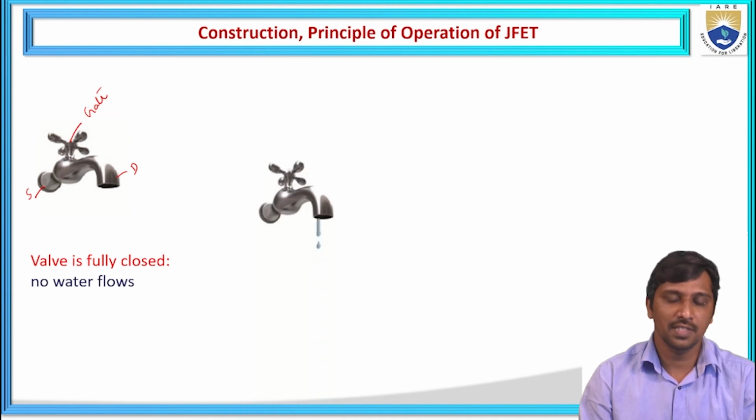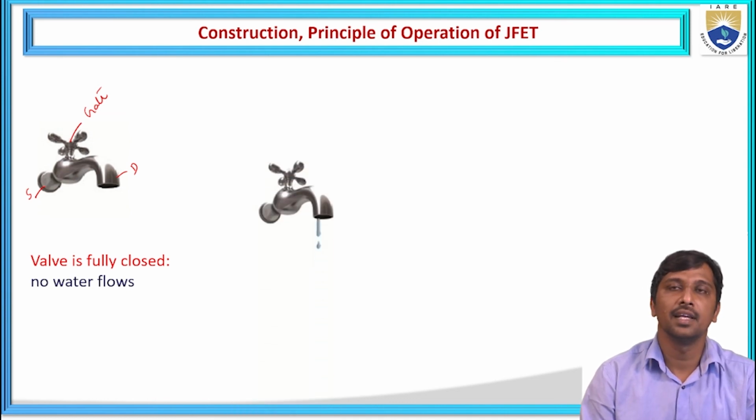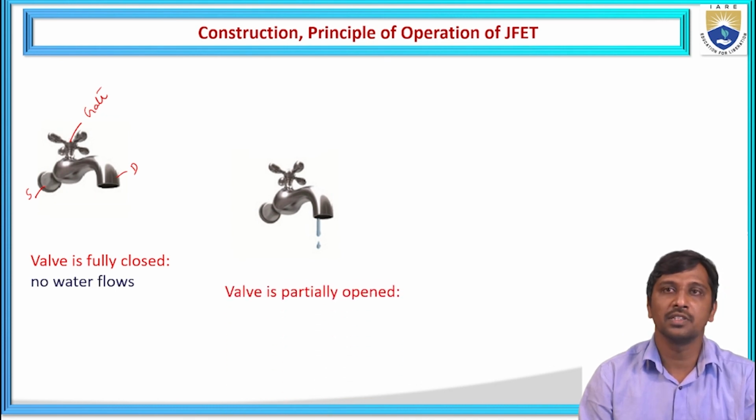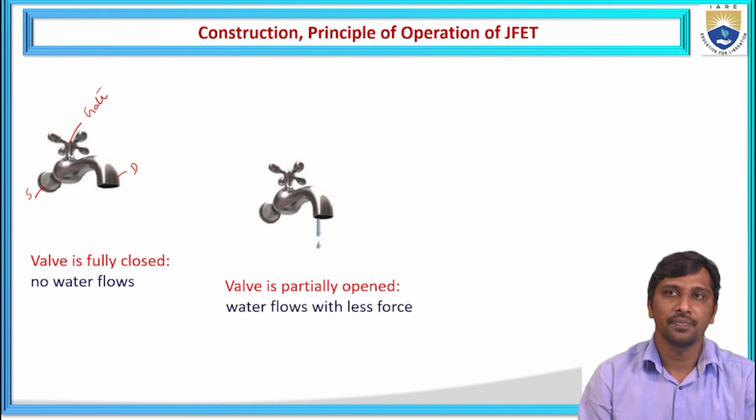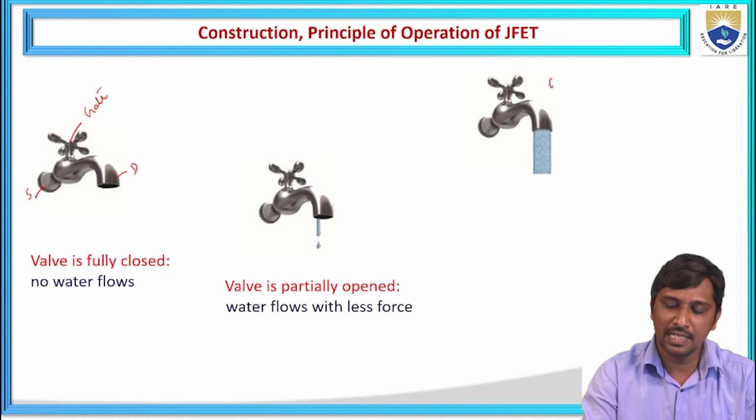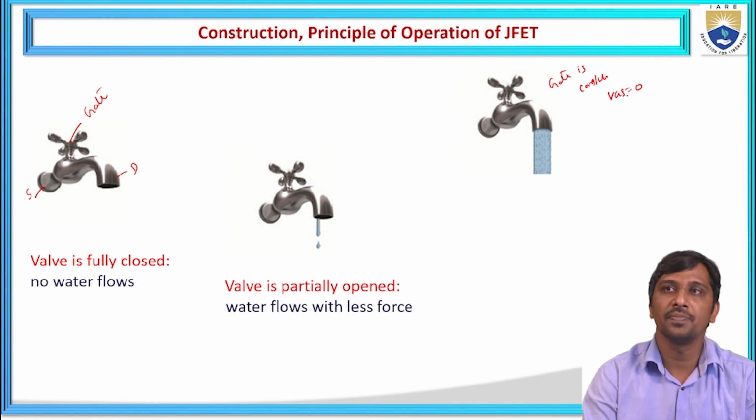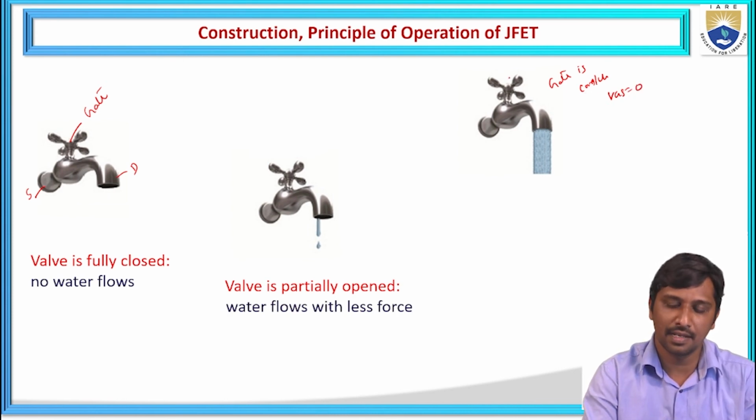Similarly, if a valve is partially open, meaning the voltage is decreasing, the water flow is also less. If you want to allow the maximum force, the gate is completely open, meaning the gate voltage VGS is 0. When the VGS is 0, this is the gate, this is the source, and this is the drain.